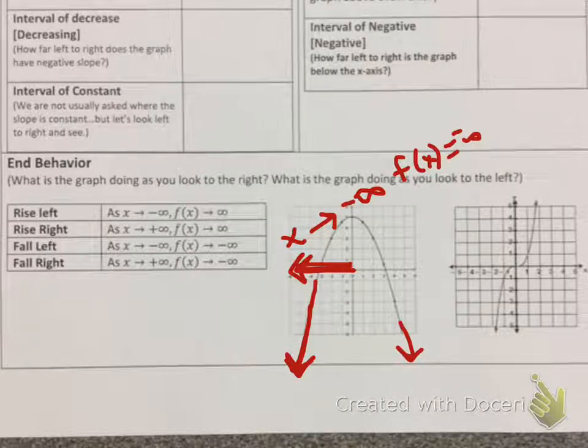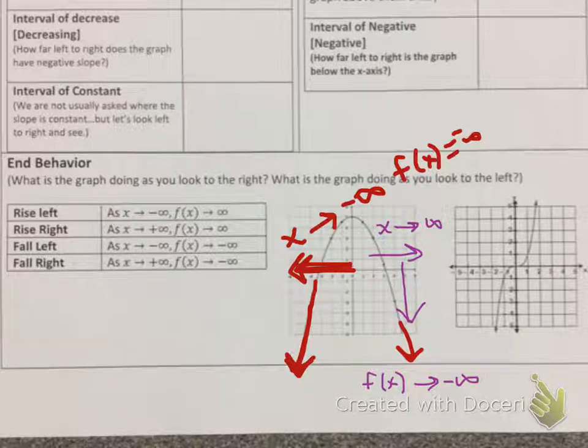So this is what we're doing, looking at what the ends of our graph are doing. So again here, this time, my x values are going towards positive infinity. What are my y values doing? Well, my y values are going down, so my f of x values are also going towards negative infinity.